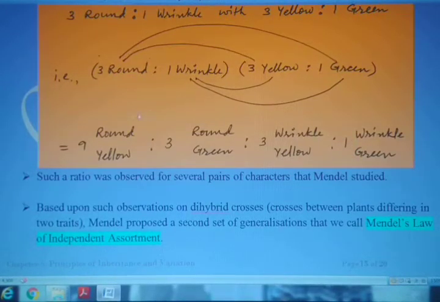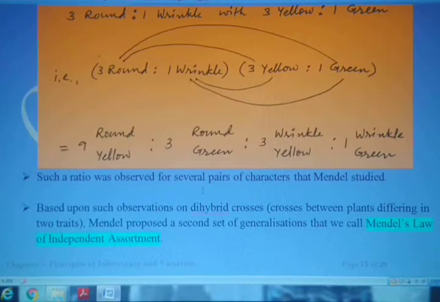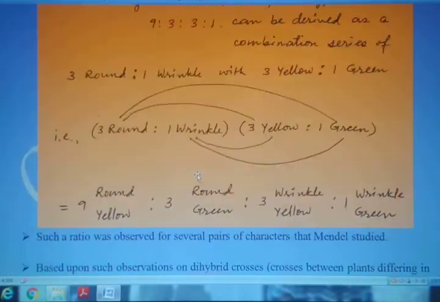Now this kind of ratio Mendel obtained when he had studied a pair of characters simultaneously. We have studied the 7 different characters. Mendel experimented on the pea plant taking 7 pairs of characters. Here we have discussed 2 pairs.